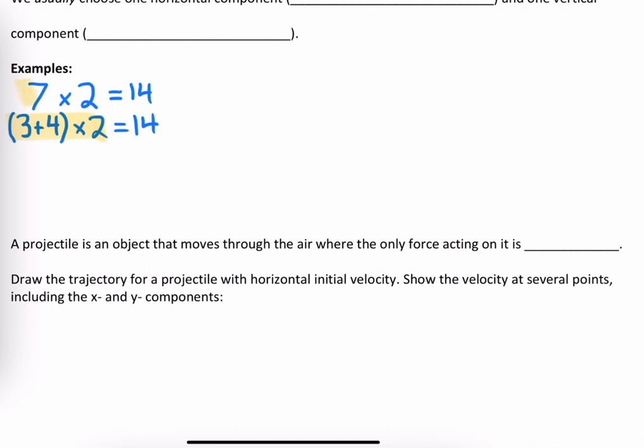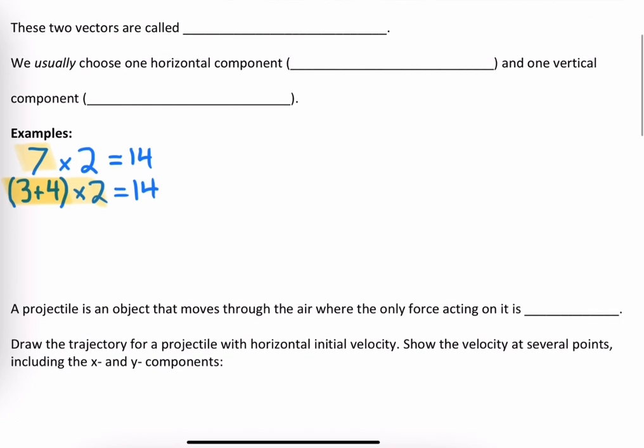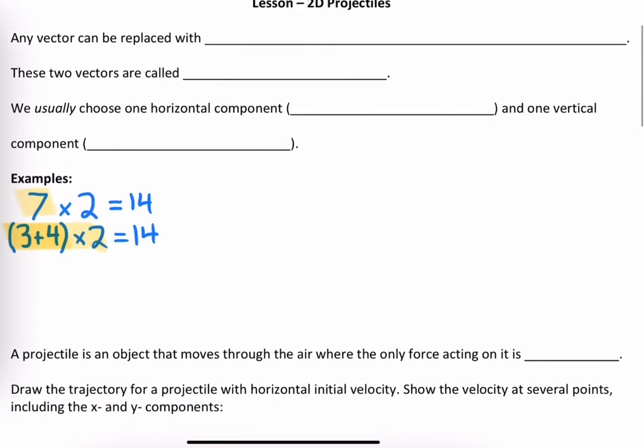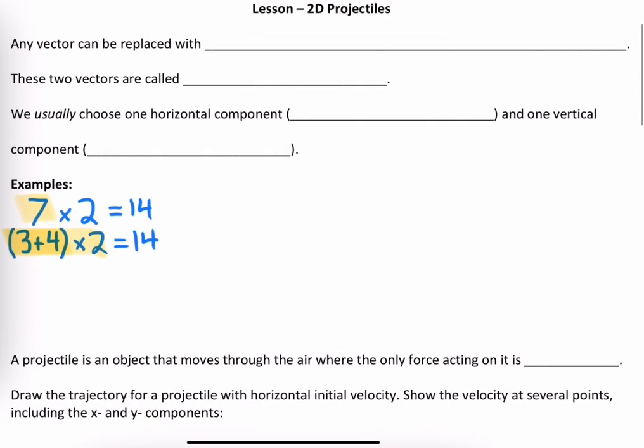When I use this approach, I never had to work with the number 7. As soon as I saw that 7, I quickly replaced it with 3 plus 4, two numbers that add to make it, and then I never had to deal with it again. So that technique we can use with vectors as well. And the idea is this: any vector can be replaced with two vectors that add to make it.